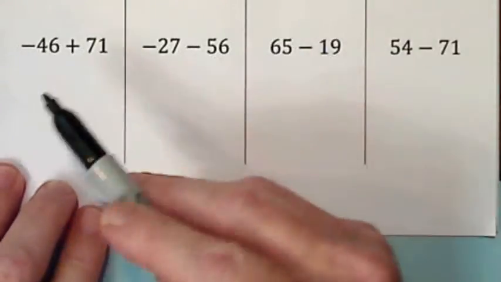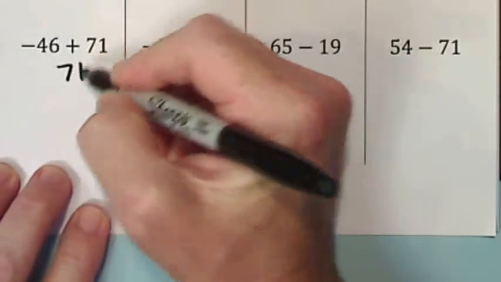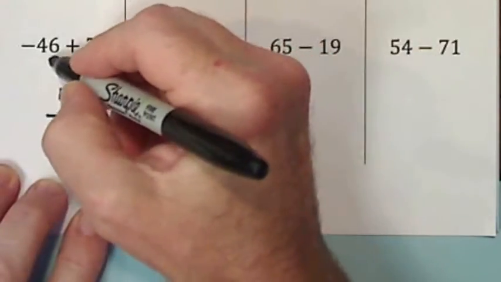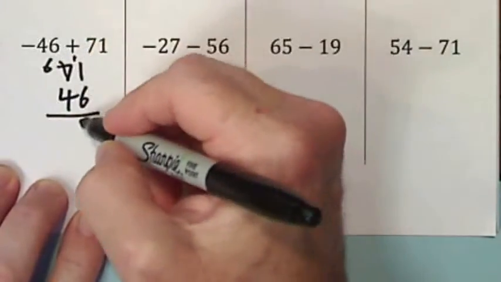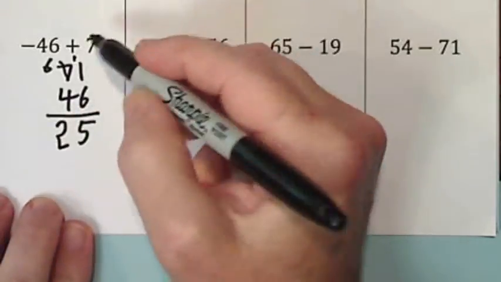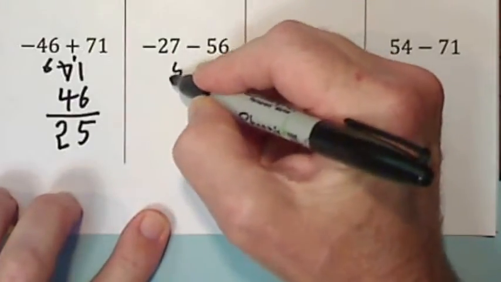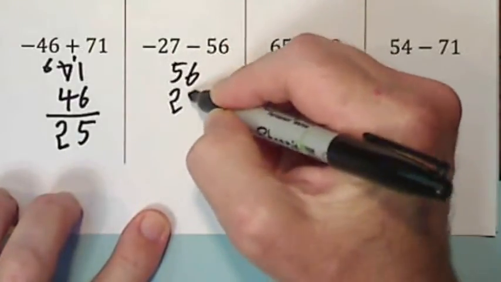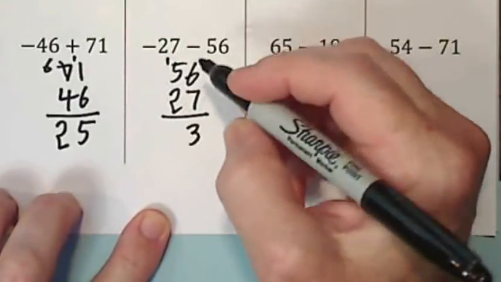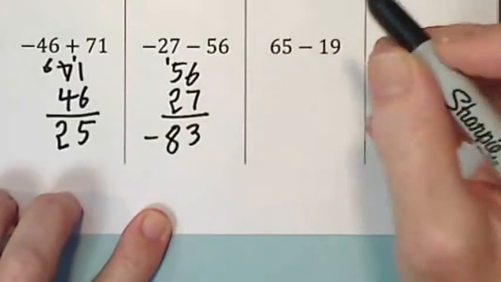Again, if you want to pause the video, I'll solve them right now. Signs are different, we'll subtract. And the larger number is positive, so our answer is positive. Here, the signs are the same. So we'll add. And keep the sign.